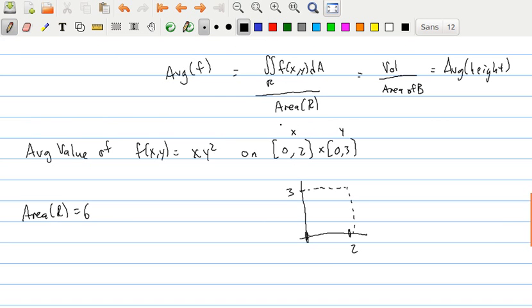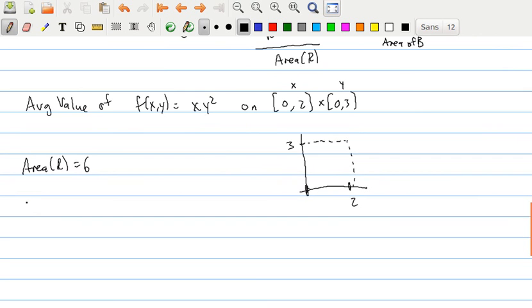If we now look at the volume, that double integral, the double integral over the region of xy squared, well, the x value is going from 0 to 2, the y value from 0 to 3 of xy squared. Now the y value is going from 0 to 3, so my inner integral is with respect to y.